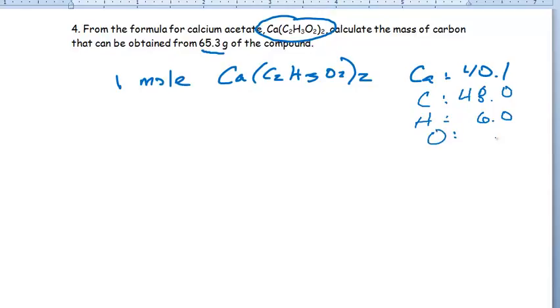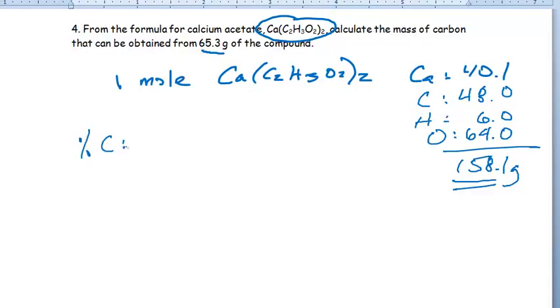And you have 4 oxygens, and so the total there is 64.0. And when you add everything up, the molar mass is 158.1 grams.